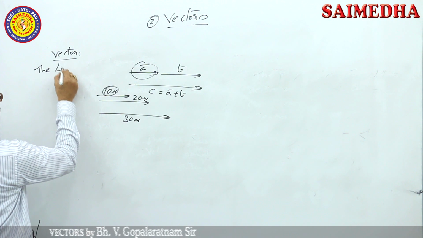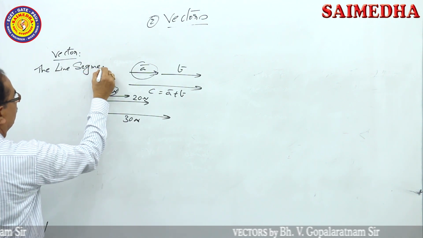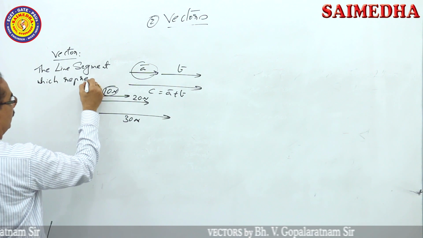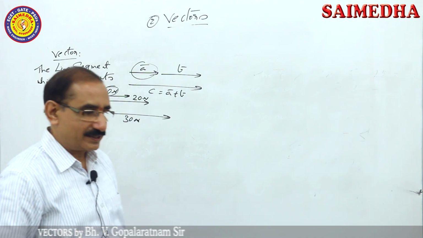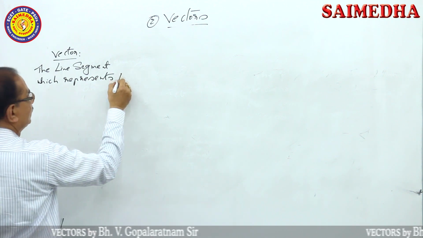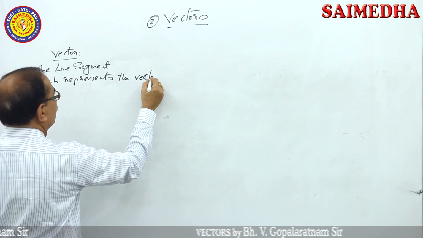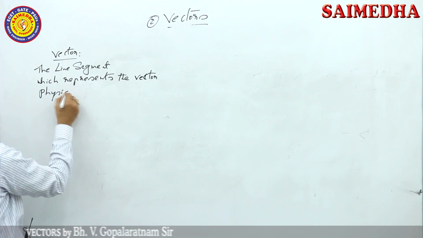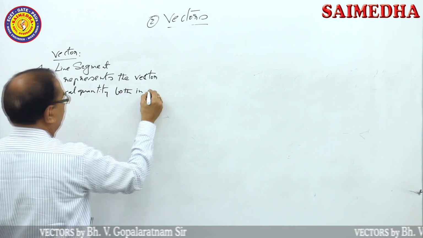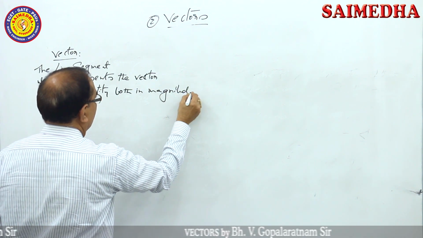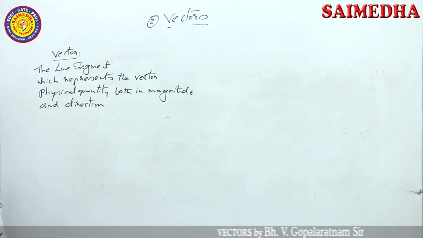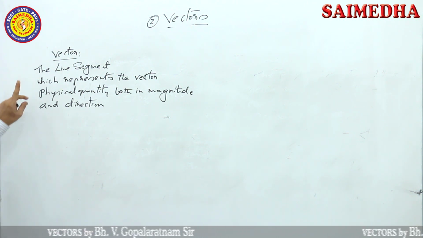Right? So this is called a vector, a line segment.